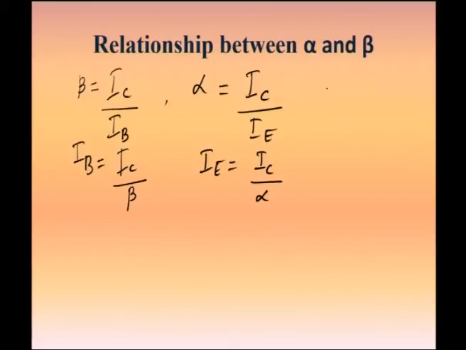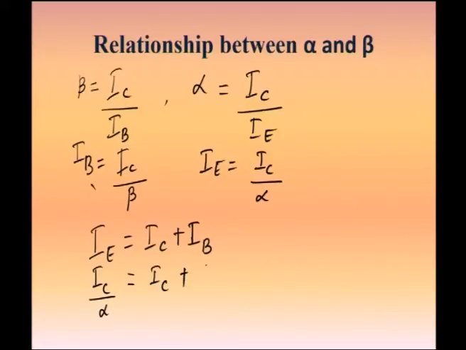Now, you substitute in this equation, which is the common equation for all the configurations. Whatever the configuration may be, the emitter current is the summation of the collector current and the base current: IE equals IC plus IB. You substitute it here. IE is IC by alpha, and on the right it is IC plus IB, which is IC by beta.